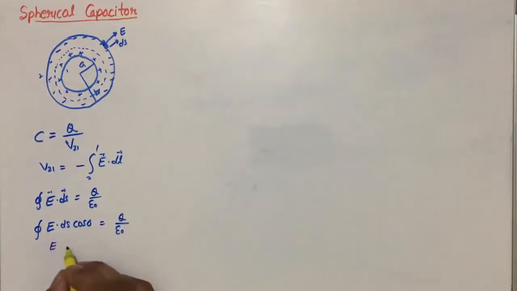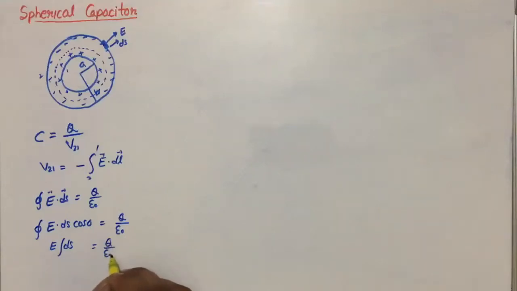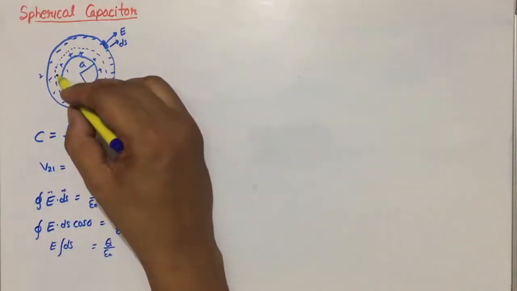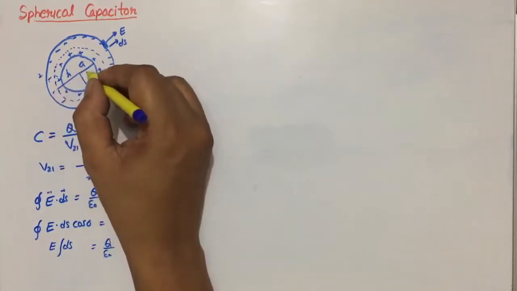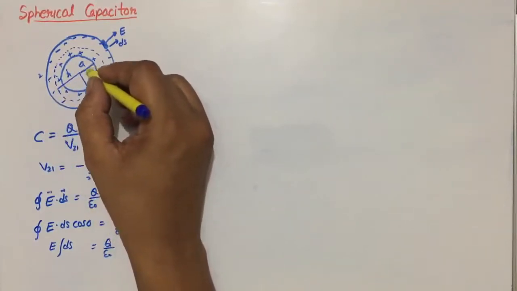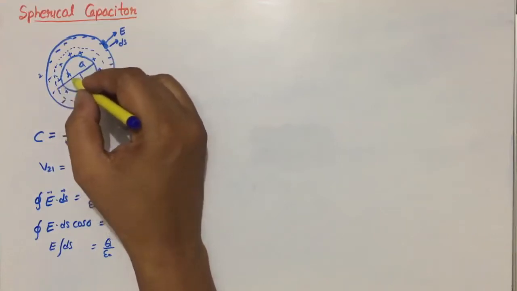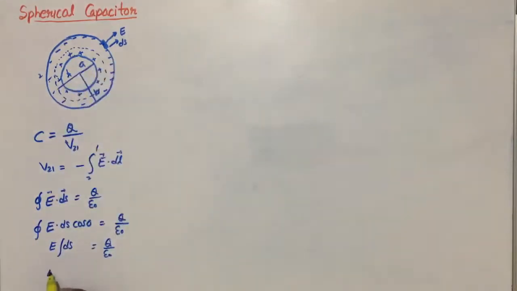So what we can write, the integral of E ds is equal to charge by epsilon naught. This integral is for any Gaussian surface that is at a distance of r from the center. The inner sphere has radius a, outer has b, the Gaussian surface has r. So from there we can see E times 4 pi r square is equal to q by epsilon naught.